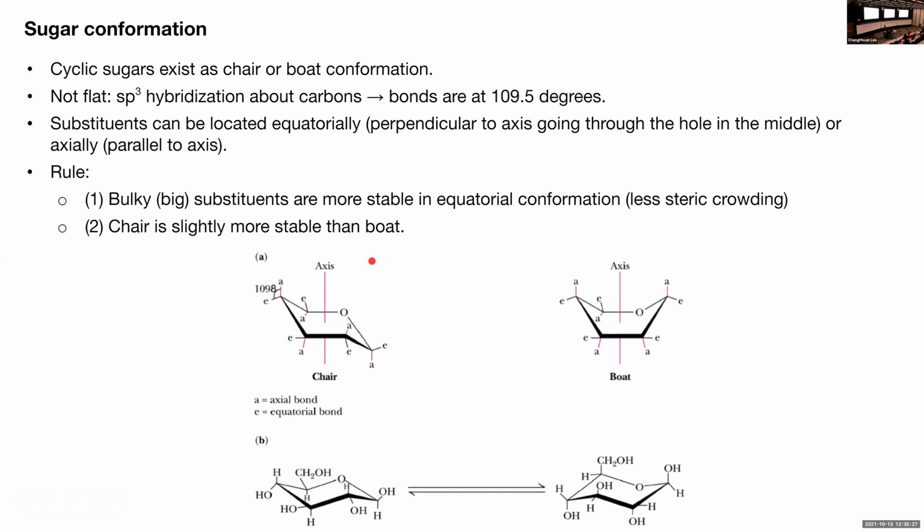So to minimize the steric clashes, instead of keeping it as a flat ring, it'll have this kind of tilted ring with an angle of 109.5 degrees.